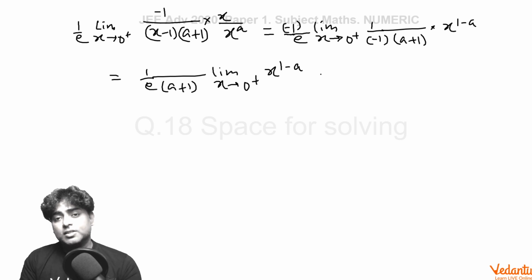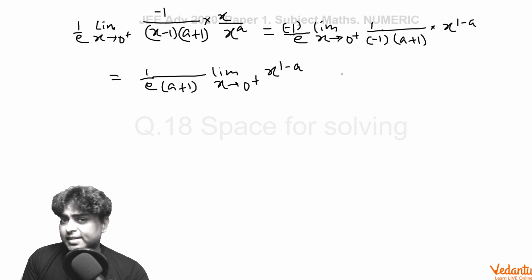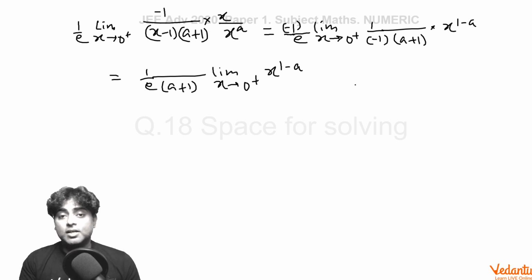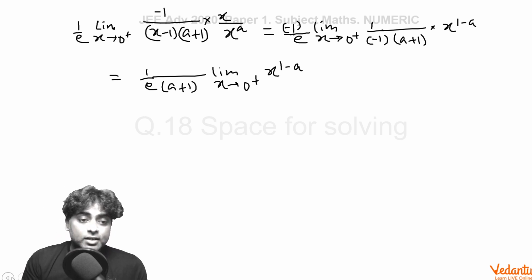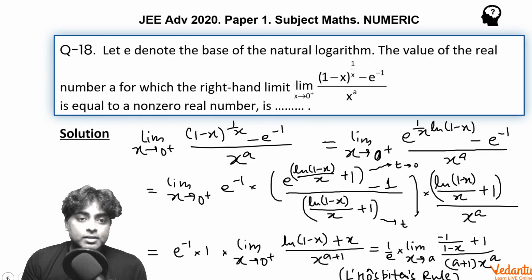x tends to 0 plus. If 1 minus a is negative, it is going to be infinity, not finite. Limit does not exist. But the question already says that the limit exists and is equal to a non-zero real number.